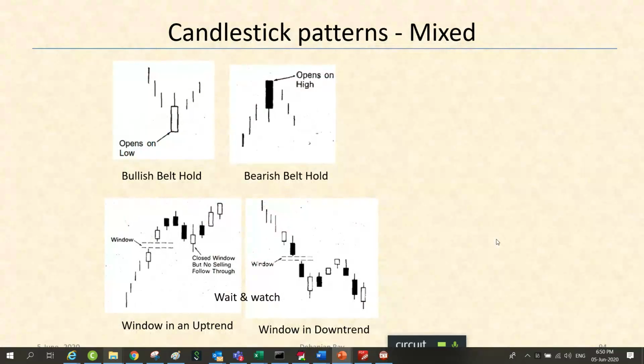It is the mixed pattern. That means it is a reversal, but it will definitely have a body. Whenever there is a body and it opens really high and then closes, what it means is that there is a strong bearish trend, but it could not hold. And you will also find a gap.